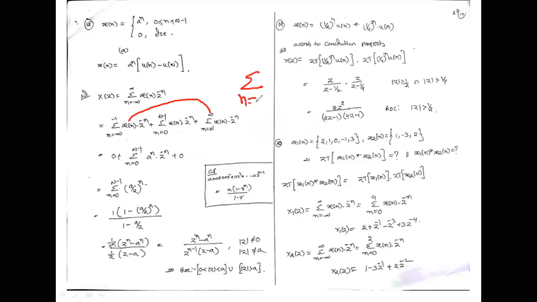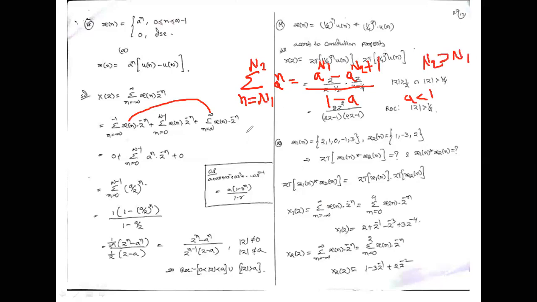The sum of n equal to n1 to n2 of a^n is equal to (a^n1 minus a^(n2+1)) divided by (1 minus a), where a is not equal to 1, and n2 must be greater than n1.